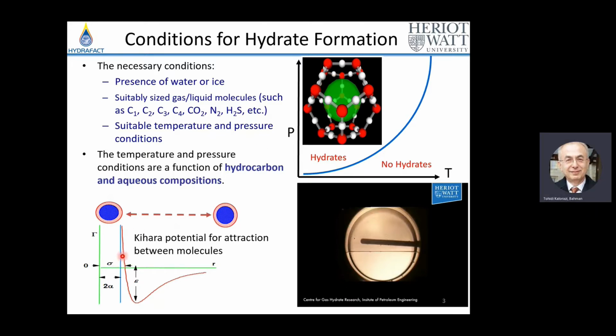They repel each other. So a certain size of molecule creates the maximum attraction, and that will promote hydrate formation. So you see that the hydrate phase boundary is a function of the gas molecule.